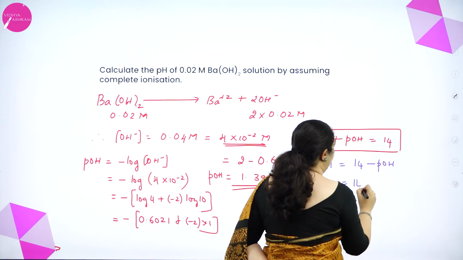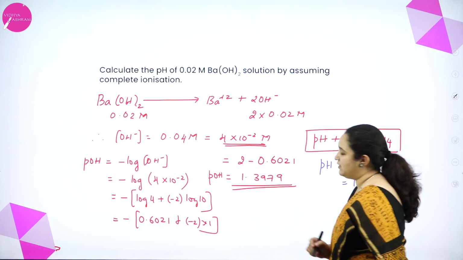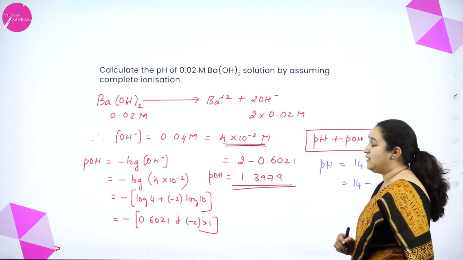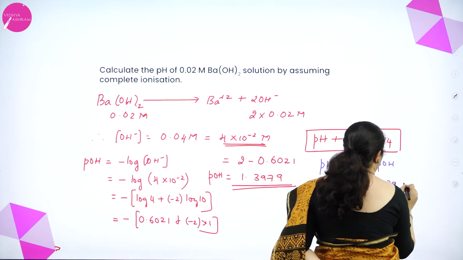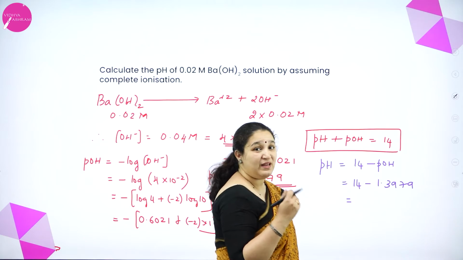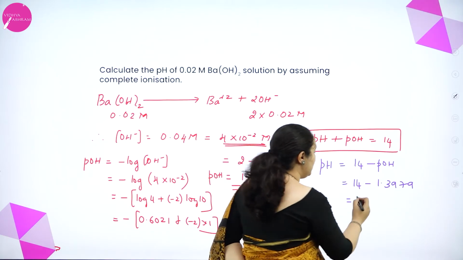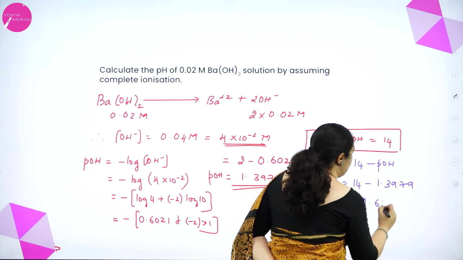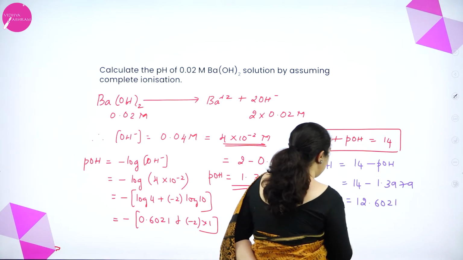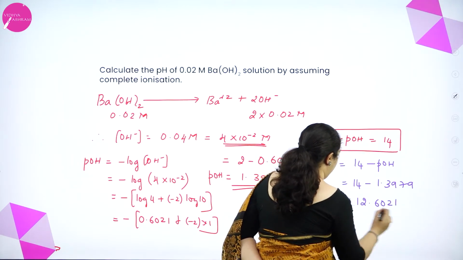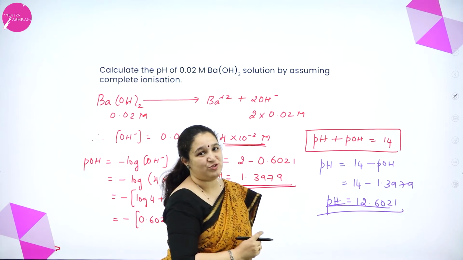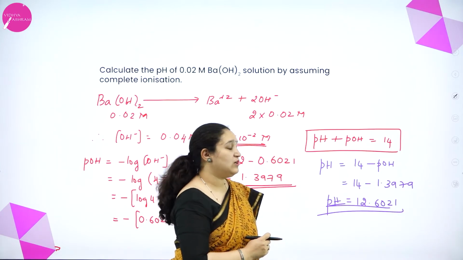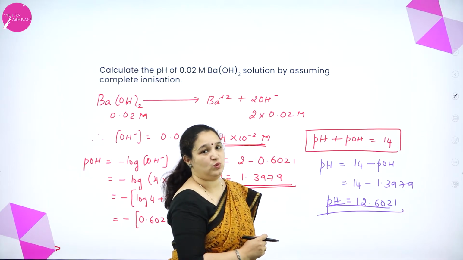So 14 minus the pOH value we got, 1.3979, is 12.6021. So this is the pH value. And if it is above 7, it's a basic solution. Correct, no? So pH is equal to 12.6021.